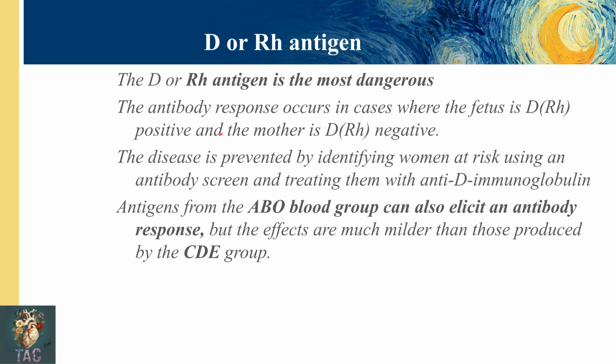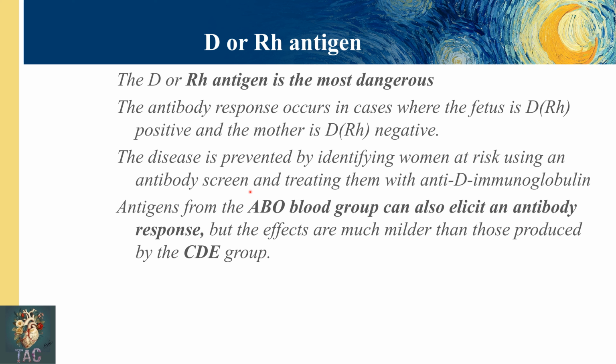So the Rh D antigen is most dangerous. The antibody response occurs in cases where the fetus is Rh positive and the mother is negative. The disease is prevented by identifying the woman at risk using an antibody screening and treating her with anti-D immunoglobulin. These anti-D immunoglobulins are very important.